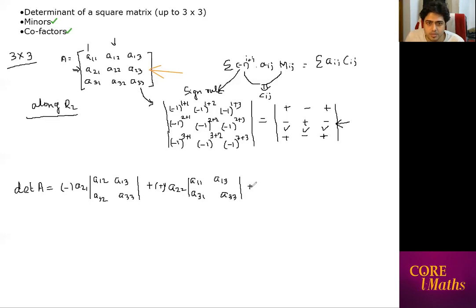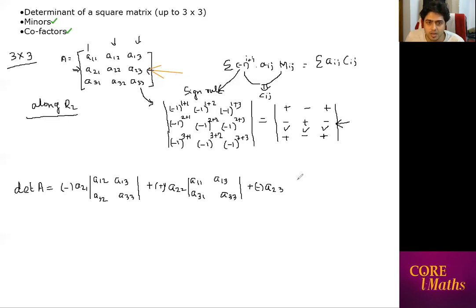Then the sign is minus, since this is a summation of signed terms. Its element is A23, and for its minor value you omit the second row and the third column.